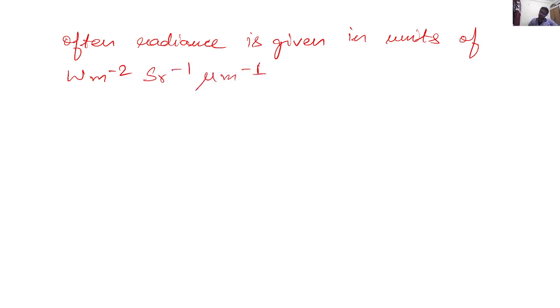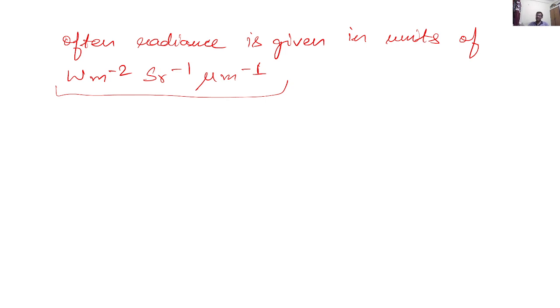This is the one in which it is generally given. It may also be given in watts per meter cube per steradian, or in joules per second per meter cube per steradian, or even in joules per second per meter square per micrometer per steradian. So there are several ways of representing this.